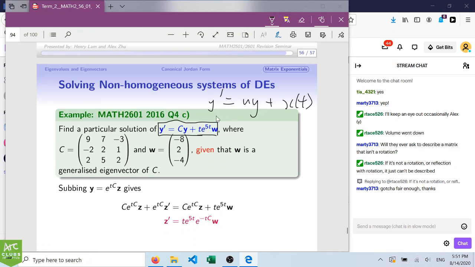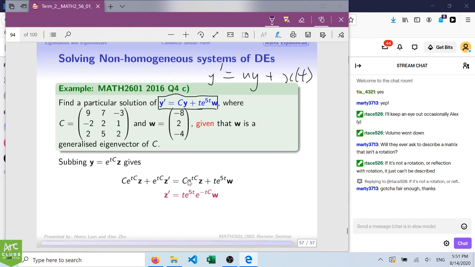Whenever it's in this form, you let y equal some other transformation, then equate both sides so that y' and uy cancel out. That's pretty much the idea, and we end up with a new system of equations in terms of one variable.